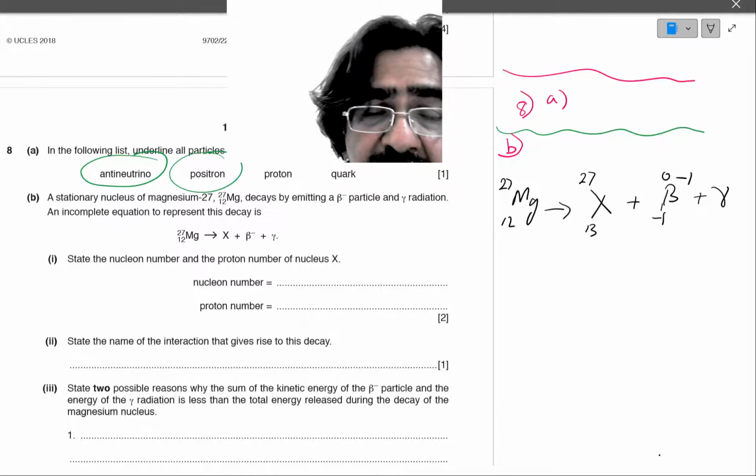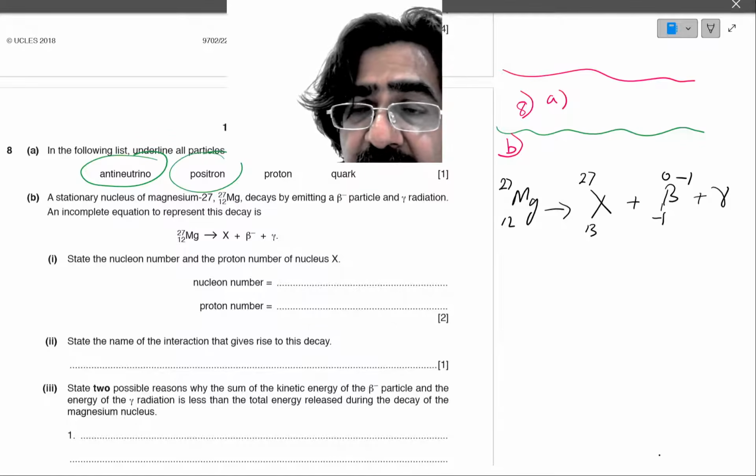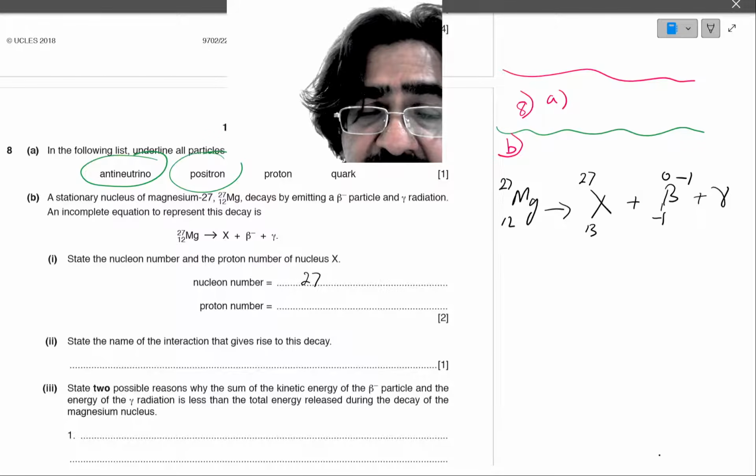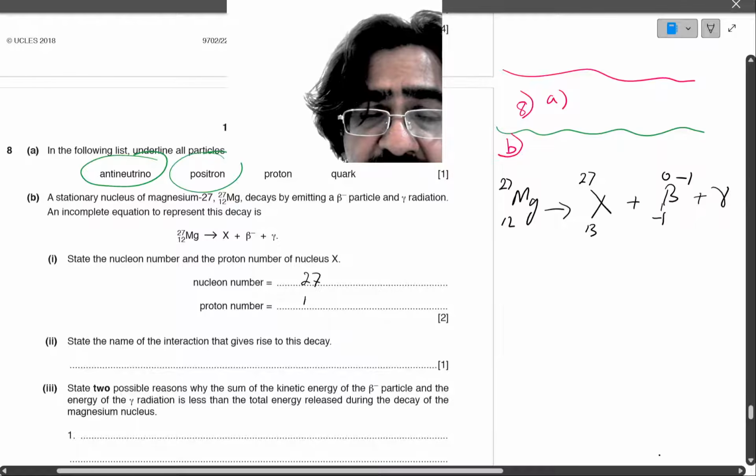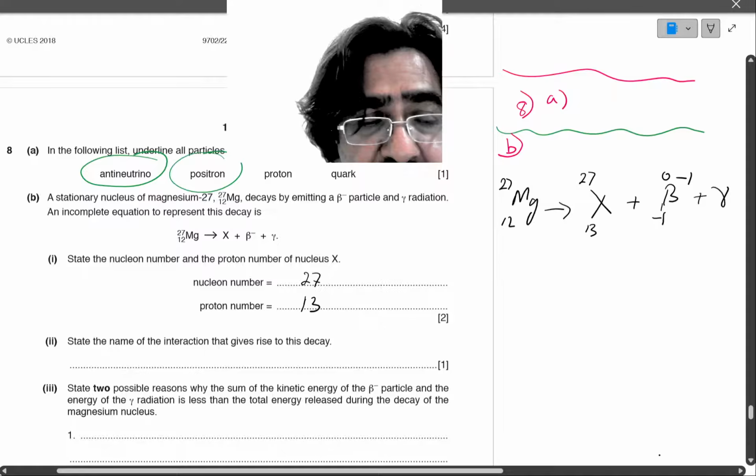Nucleon contains a proton and neutron, so that will be the mass number, 27. Proton or electron numbers are equal, so that will be the atomic number, 13.